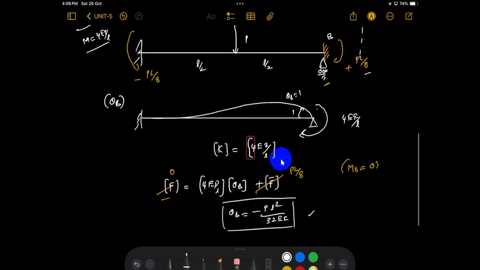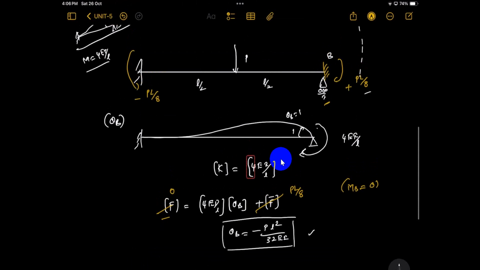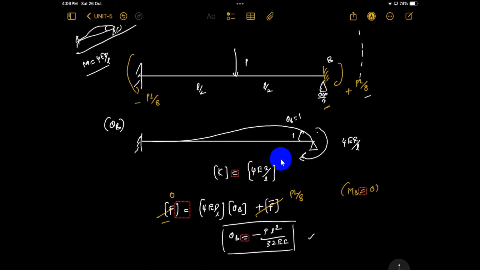So just observe it. What is the meaning? It is MB at that location. The final moment is 0. If you arrest the degrees of freedom, you will get the PL by 8 moment.